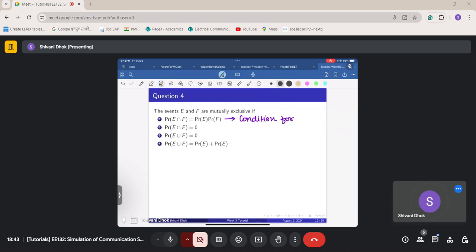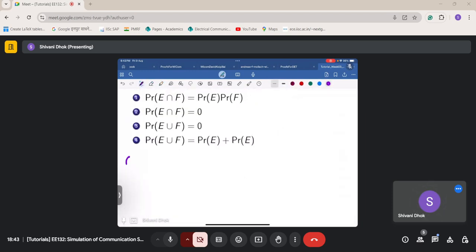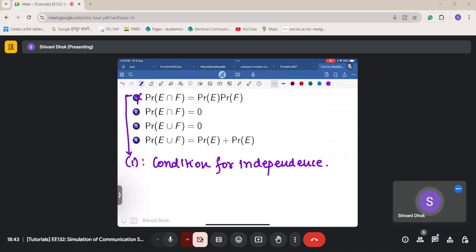Let me write it below. One is a condition for independence. Therefore, this is not a correct option.